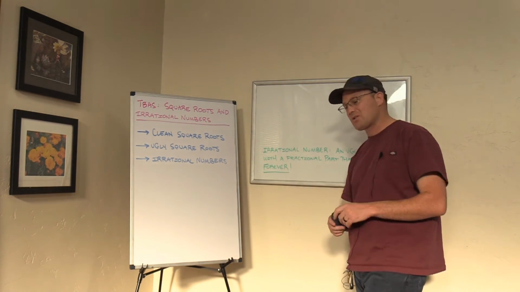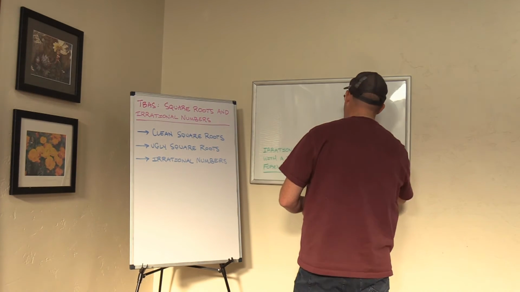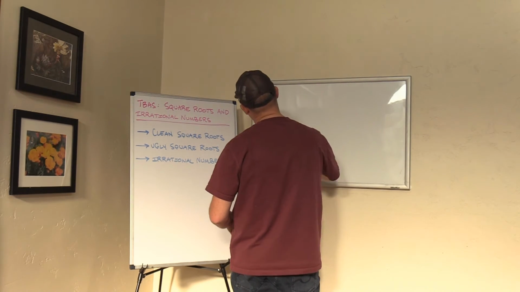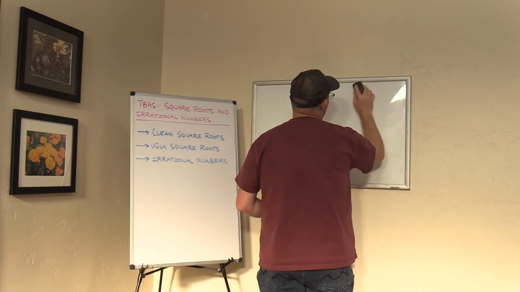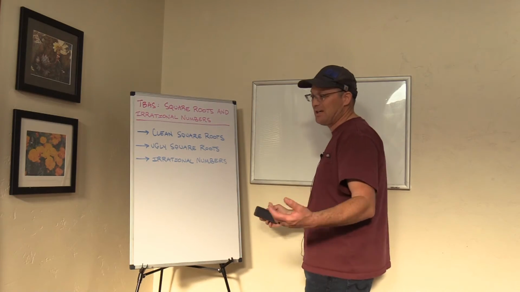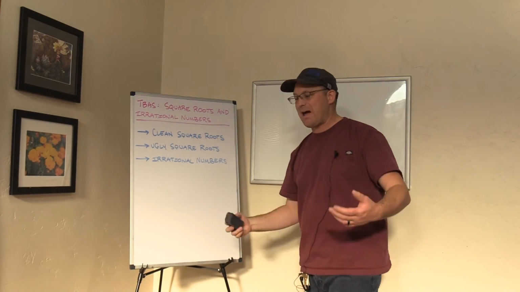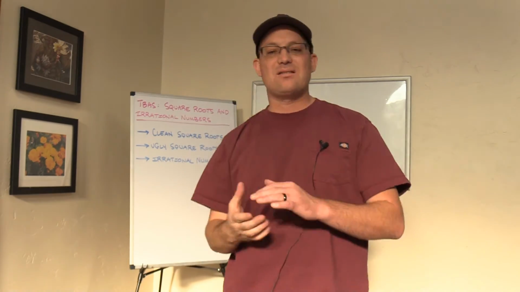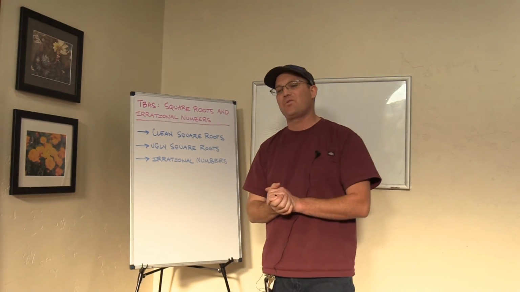So in mathematics, we have to deal with irrational numbers. Now, why is that important? Think about that for a minute. It teaches us something really important about math. Most people think that math is great because there's no wrong answer. Math is always exact. What irrational numbers teach us is math is not always exact. Sometimes math is fuzzy.